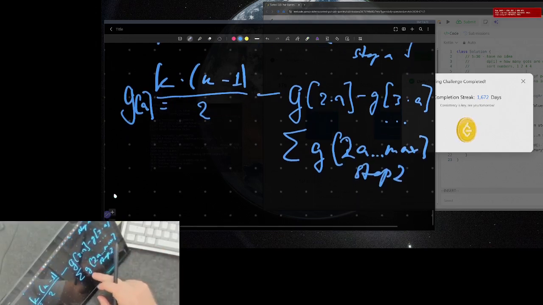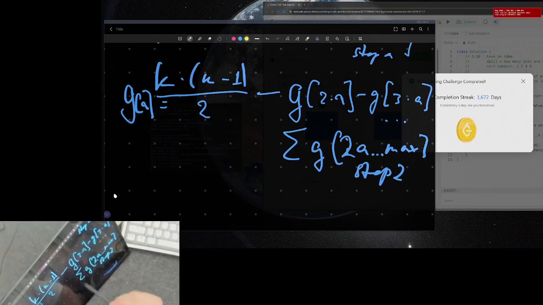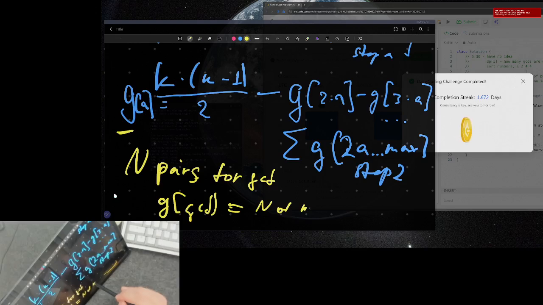This is the formula for the pairs, and basically this g is the number of pairs for a GCD, like g of GCD equals the number of pairs.